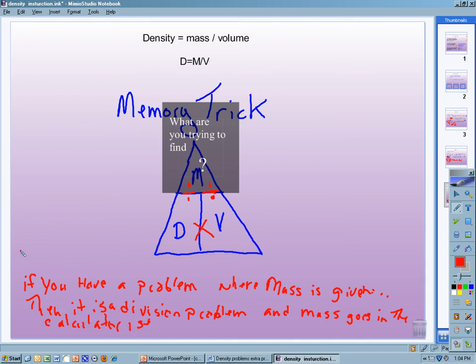If you remember this little detail, if mass is given, it's division, and it goes in the calculator first, that can get you where you need to go.